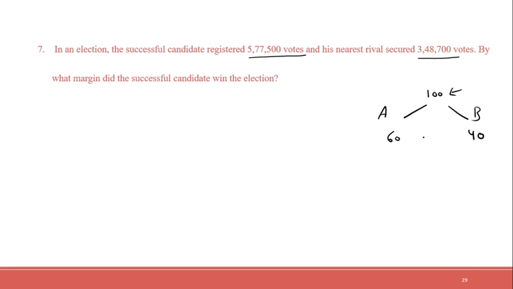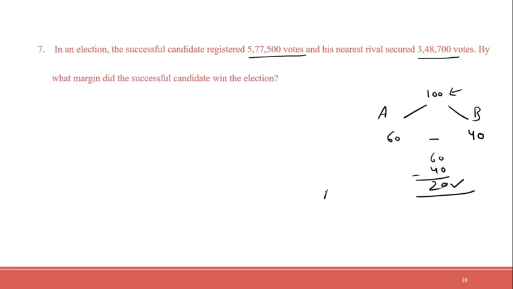Now I want to know the margin by which A won the election. What is the difference between 60 and 40? It is 20. That means 20 is the margin by which A won the election. That means A got 20 more votes than B.